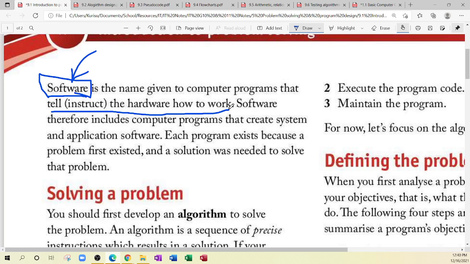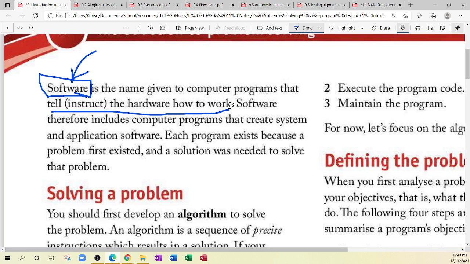So your mouse, your keyboard, your monitor, all of those are hardware. But if software does not tell it how to function, does not tell it how to work, then it's just a paperweight, basically. It will not be able to do anything.